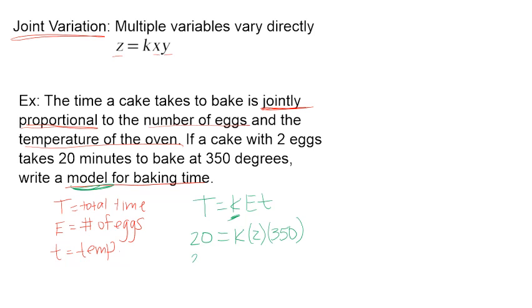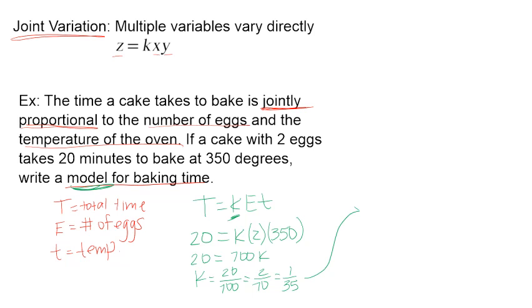This would be 20 is equal to 700 times k. And if I divide both sides by 700, I end up with k is equal to 20 over 700, which would be equal to what? 2 over 70 or 1 over 35.